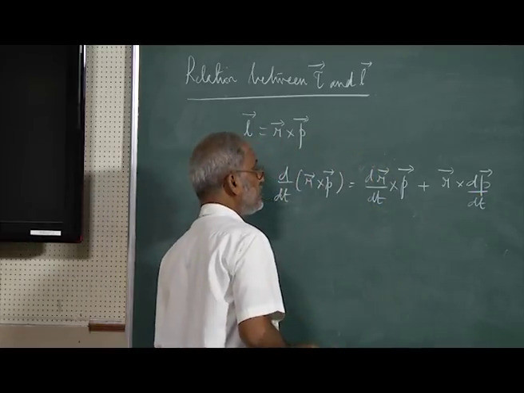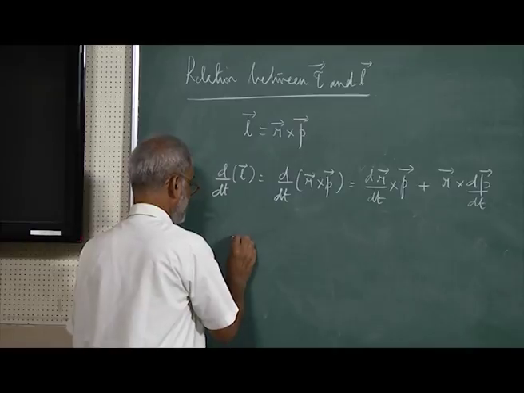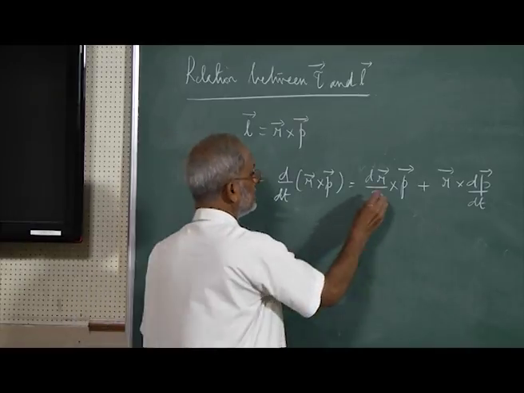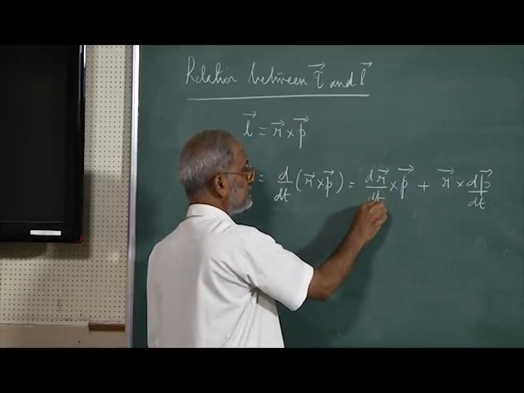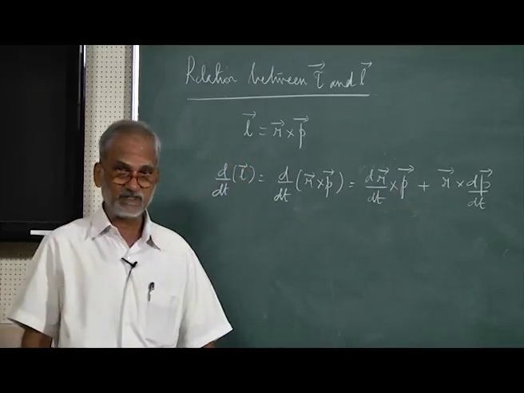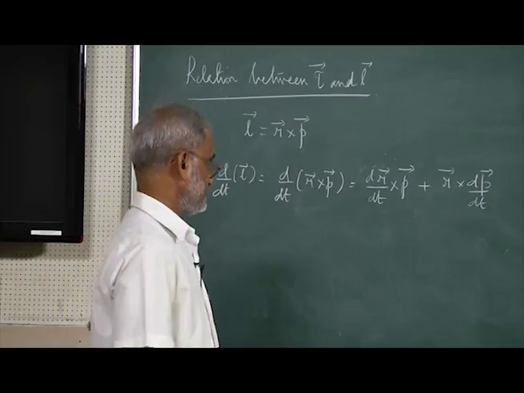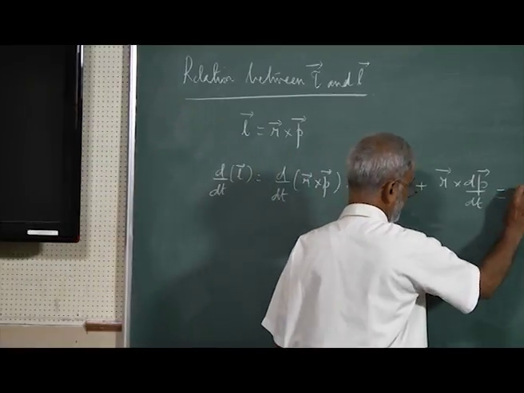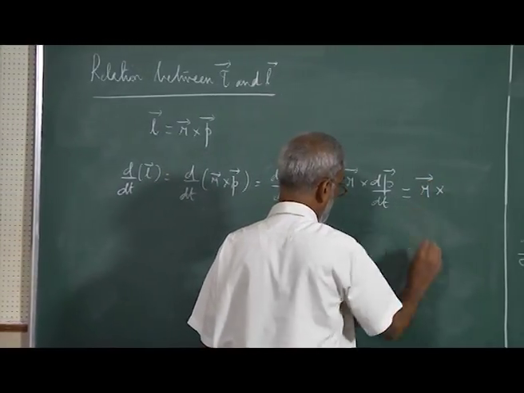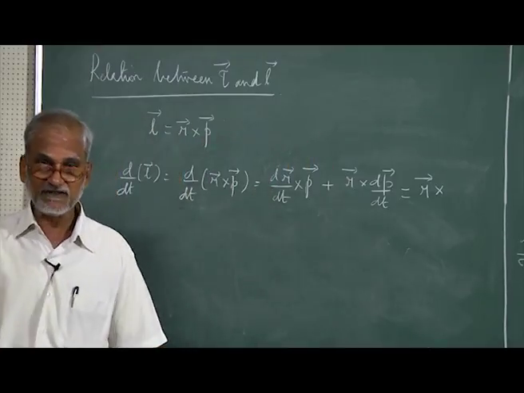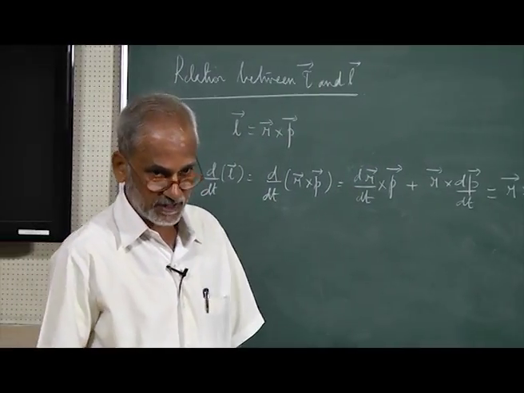dr by dt gives the velocity vector. Velocity crossed with the momentum vector is what? Momentum is m times v, therefore that will vanish. So you are simply left with r cross dp by dt. What is dp by dt? The rate of change of momentum is, by Newton's law, force.